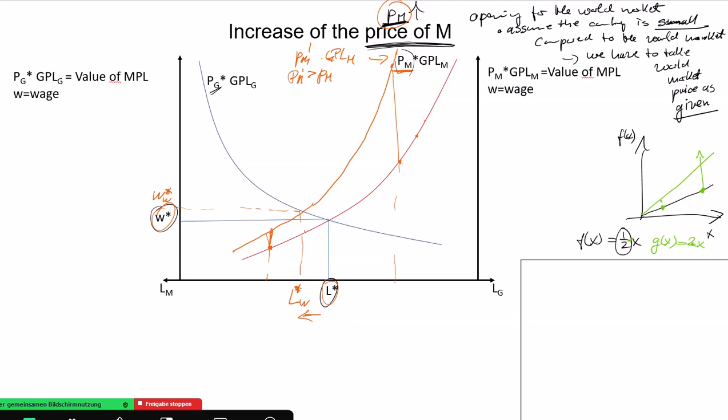So, although the price of wheat is not changing, due to the increase in the industrial sector and the assumption of totally flexible labor input, there are some guys who are now switching to the industrial sector.